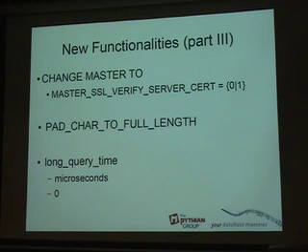Pad CHAR to full length. By default, if you have a CHAR column, C-H-A-R, the trailing spaces are trimmed when it takes stuff out of the database. This could be a problem if you actually had trailing spaces, say somebody put a single space, or 5 spaces, in the database.